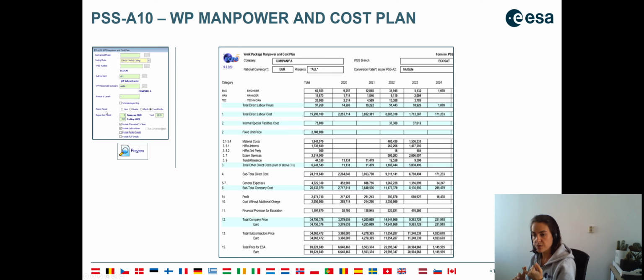We can choose to define the cost plan per year, quarter, per month, or per T0 plus N months, which means that instead of having exactly the number of months, because sometimes you can have a change at the beginning of your contract, and it would be very tedious to have to rename each work package according to the months.